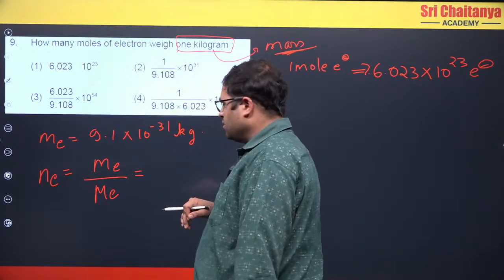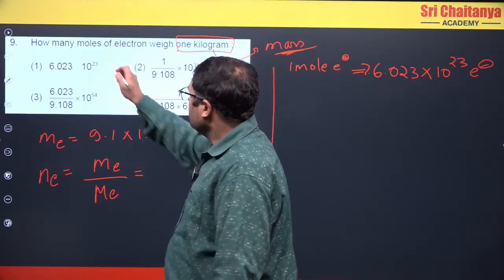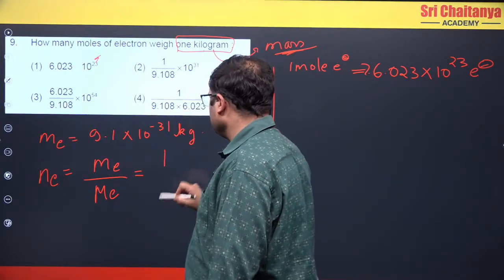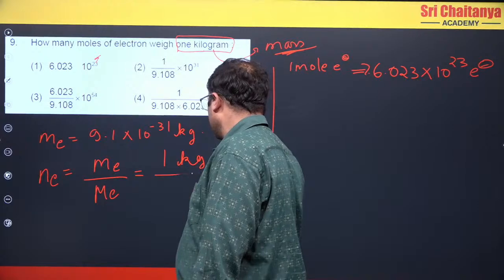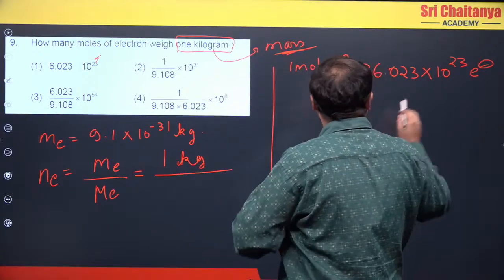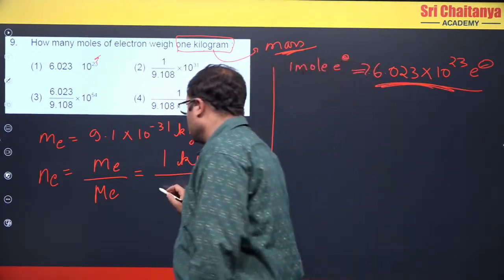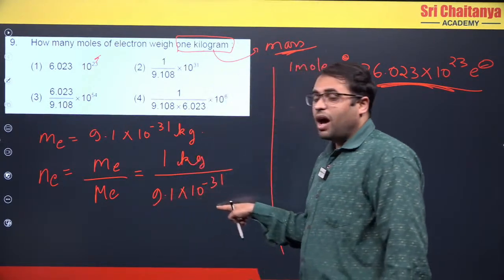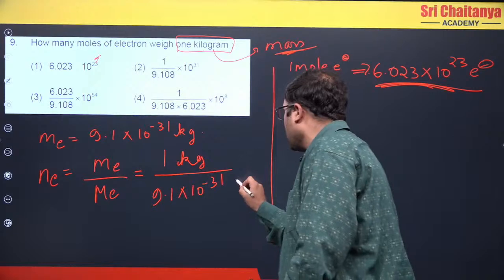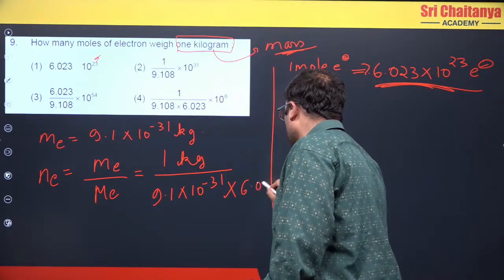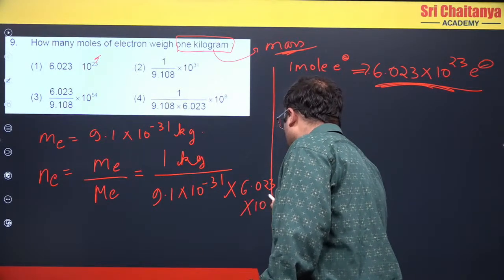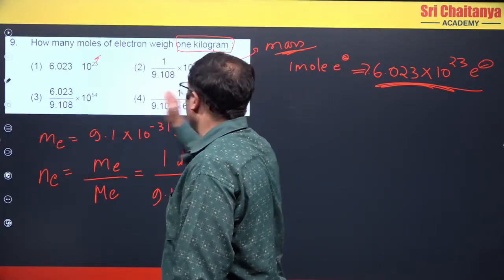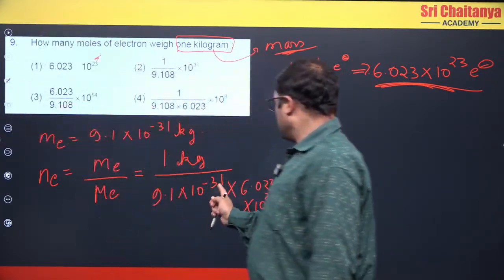10 by 23, right? 1 kilogram they are saying. So 1 kg, 9.1 into 10 raised to power minus 31. This is the mass of 1 electron multiplied by Avogadro's number, that is 6.023 into 10 raised to power 23, right? Let me just remove this line. You can see here what I have done.